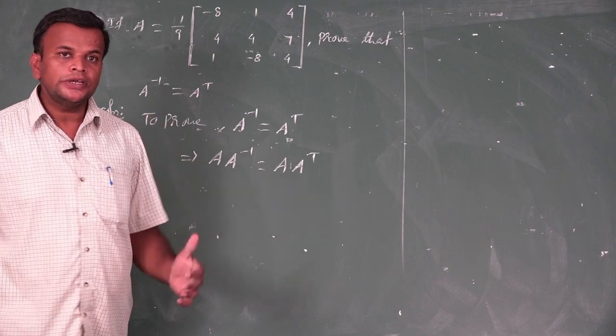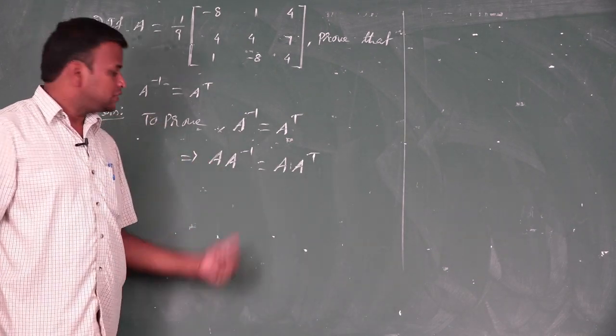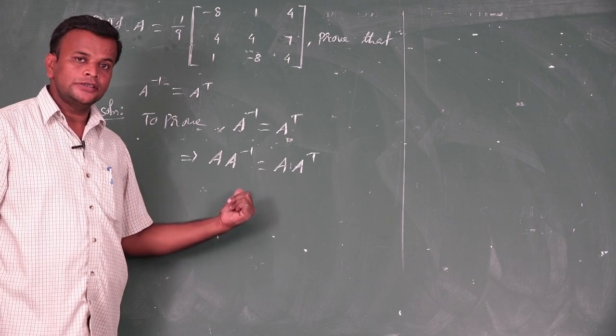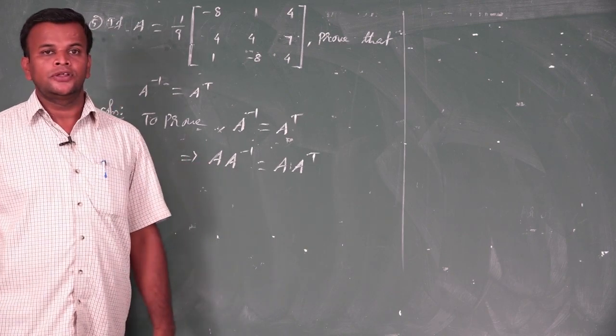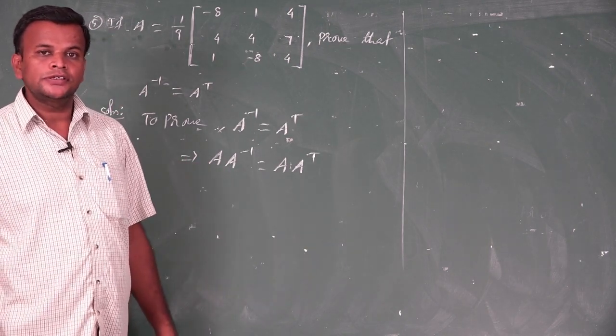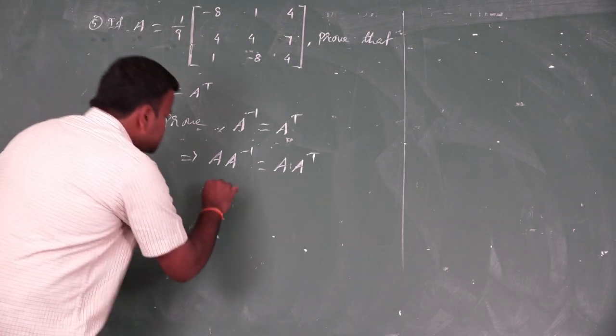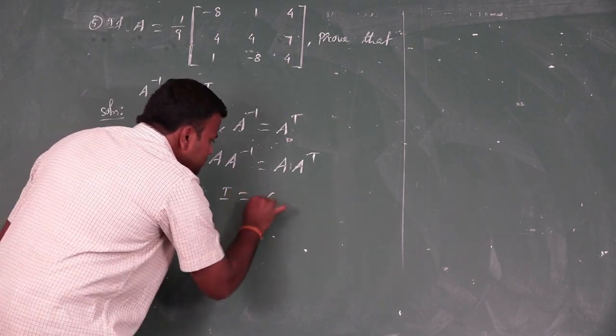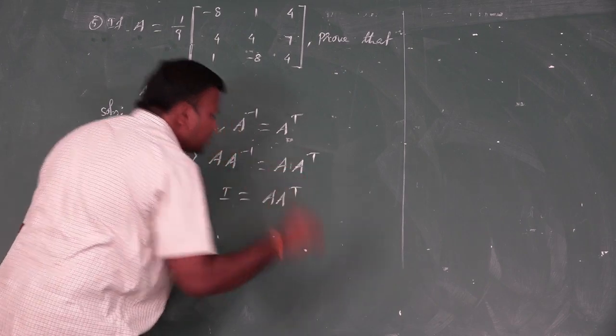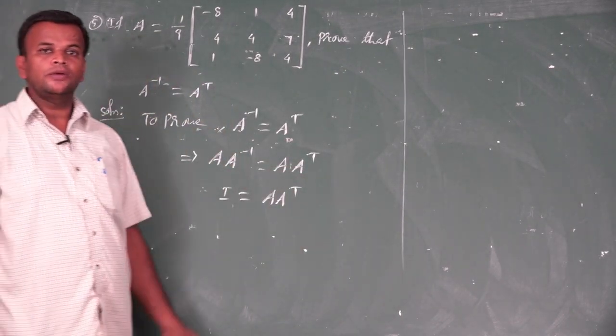What is the particular reason to multiply by A? Because the inverse lies in the LHS, so I multiply by A. You know A into A inverse is always just I, equal to A into A transpose. So we do only one thing.